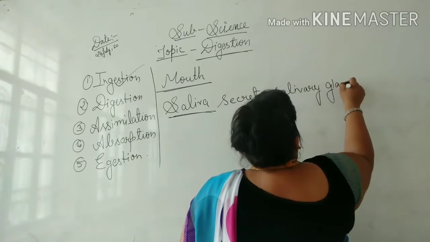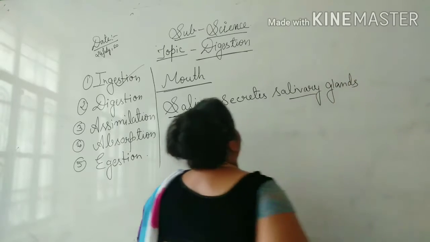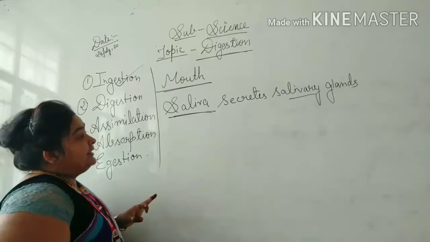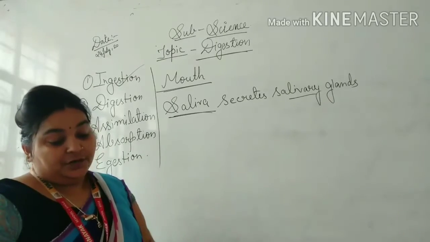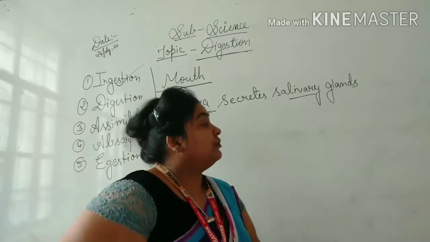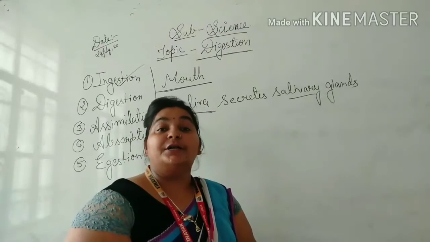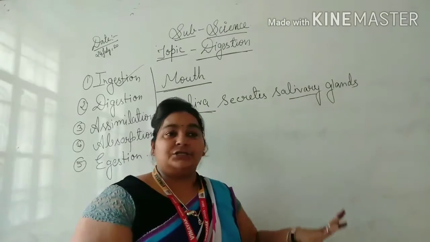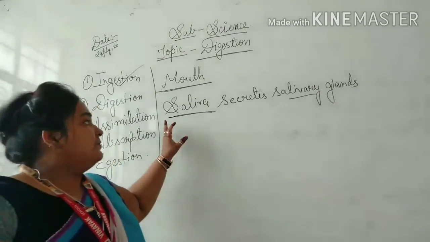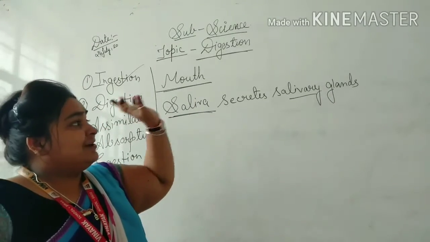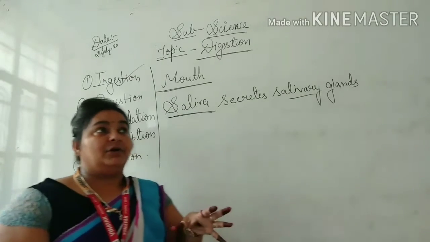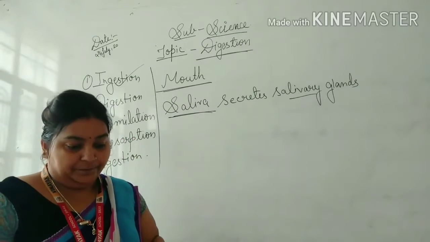What are the functions of this? It helps in the breakdown of starch and sugar into simpler forms. So as digestion starts, the food mixes with saliva, secreted by the salivary glands, which helps in the breakdown of starch and sugar.